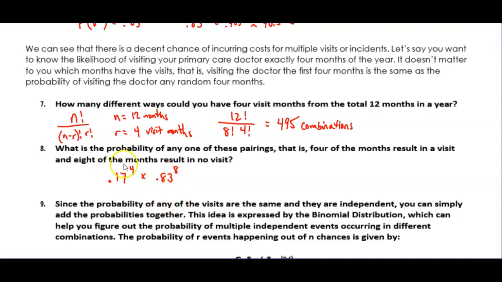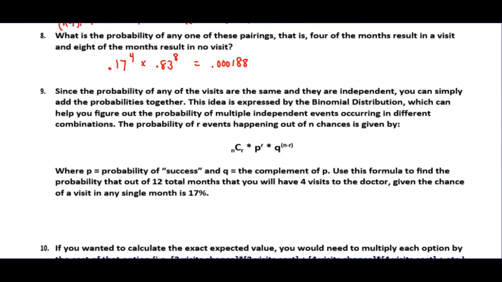So if I multiply the 4 months that I do visit times the 8 months that I don't visit, regardless of what order they come in, I'm going to get the overall probability that I did go for 4 months somewhere, somehow, whether it's January, March, April, June, or whatever it may be. Okay, that product, if you put it on your calculator, comes out to 0.000188. So an extremely small chance that we end up with that scenario where there's exactly 4 months.